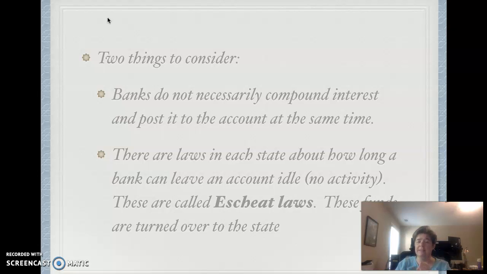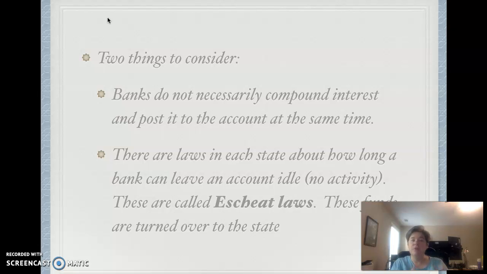There are two things to consider though when you consider where to put my money to get the best possible interest rate. First of all, banks do not necessarily compound your interest and post it to the account at the same time. Your book gives an example of somebody who has a monthly compound, but they withdraw their money the day before that interest is actually added, so they get nothing.